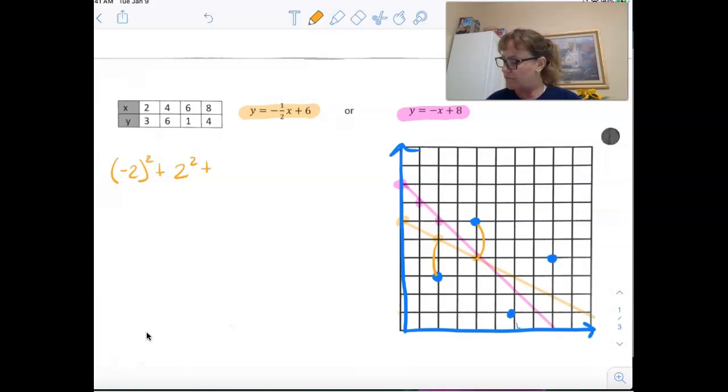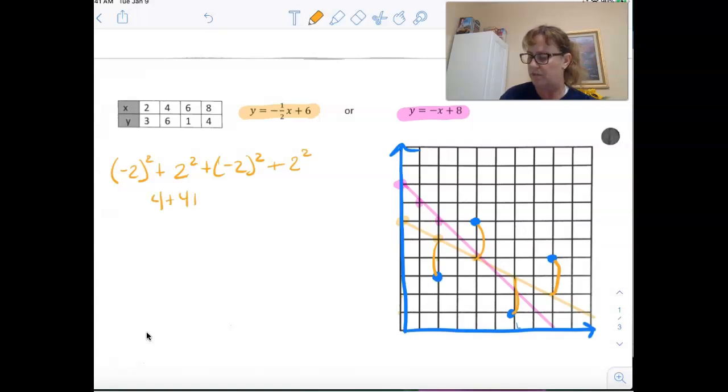To go from the line to the point, we went down 2. So this is a negative 2. And for our last point, to go from the line to the point, it's a positive. So this is 2 squared. So you're going to have 4 plus 4 plus 4 plus 4 equals 16.